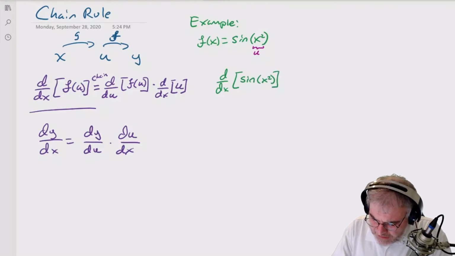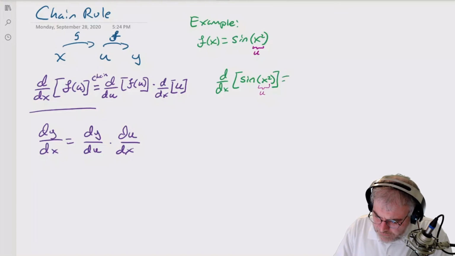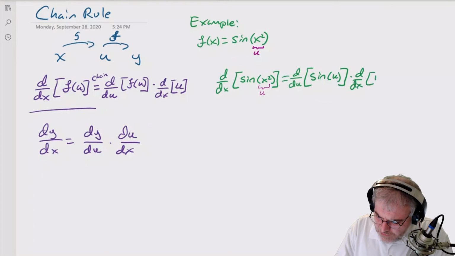And again, I'm making this right here the u. Equals d over du of sine of u times d over dx of u. And that's the chain.